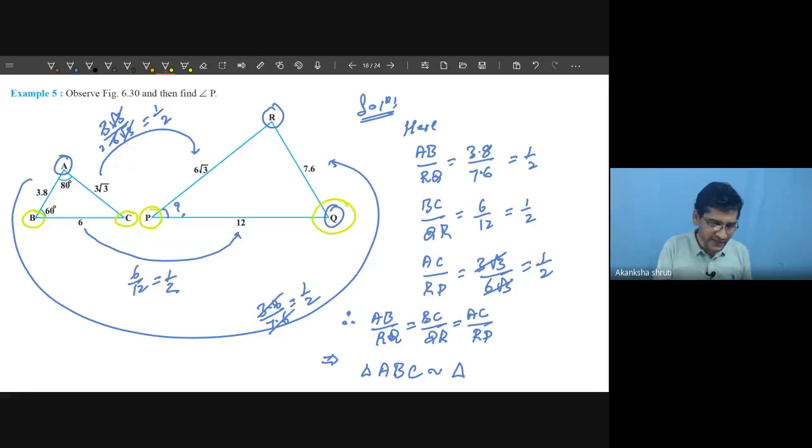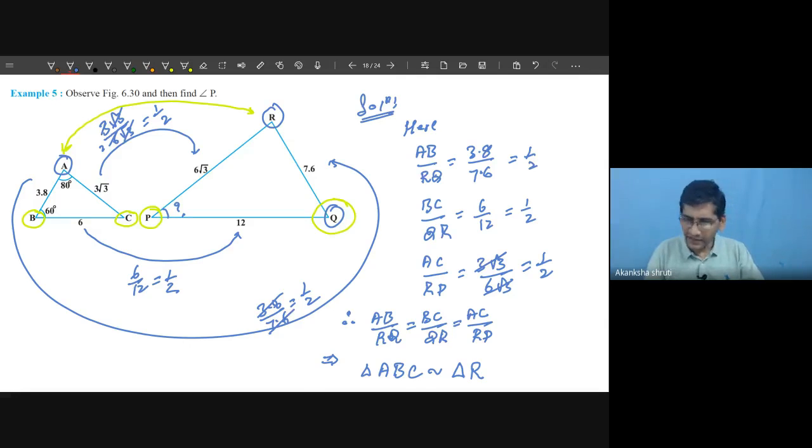The left one is the A, which was corresponding to R. So it simply means A is going to match with R. So for the triangle ABC similarity, we have to write A corresponding to R. So you must start writing for the other side of similarity as triangle ABC similar to triangle R. So you must start with this.